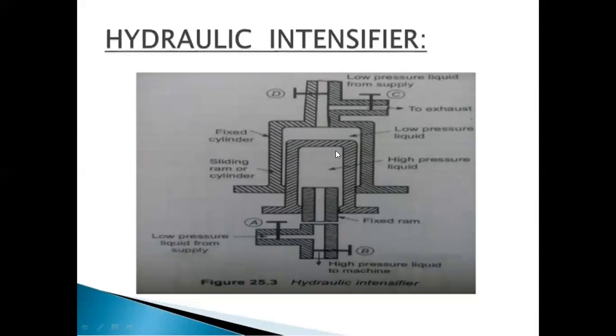It is an auxiliary hydraulic device which supports other hydraulic devices such as the hydraulic press and hydraulic crane. As for its position, it is always placed in between the pump and the hydraulic machine, the hydraulic devices which require a hydraulic intensifier.